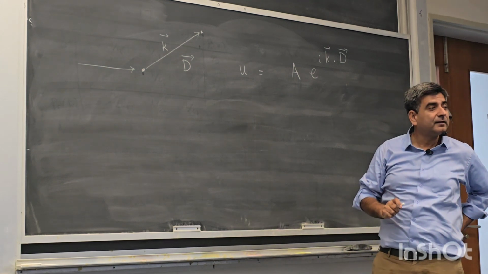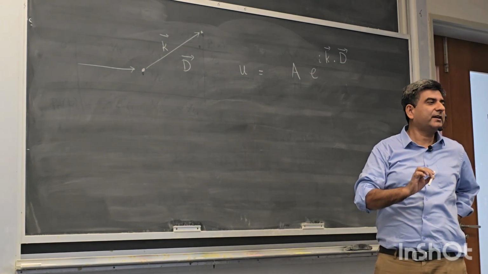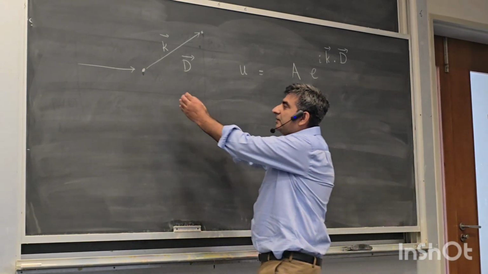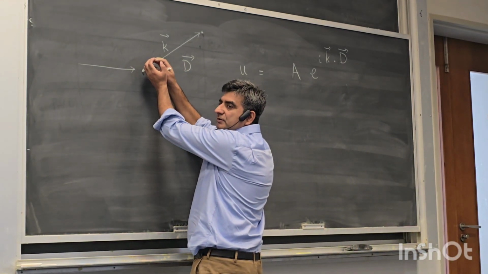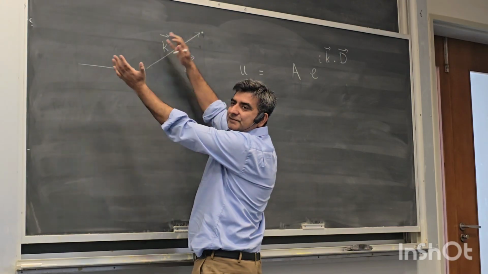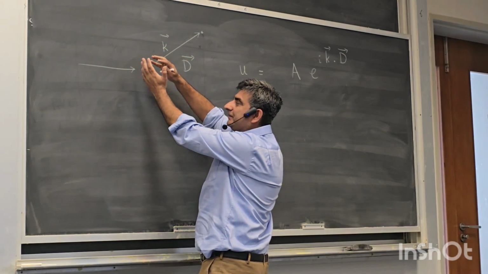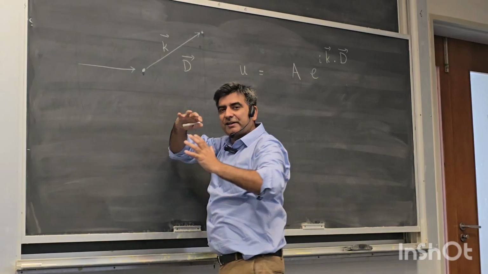Here k is the X-ray wave vector, 2 pi over lambda. Now when this electron absorbs radiation, it scatters, and it's a point source. So the wave fronts for the scattered X-rays are really spherical.